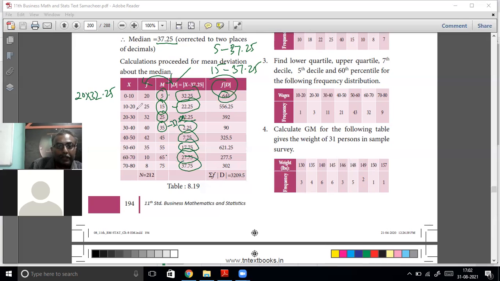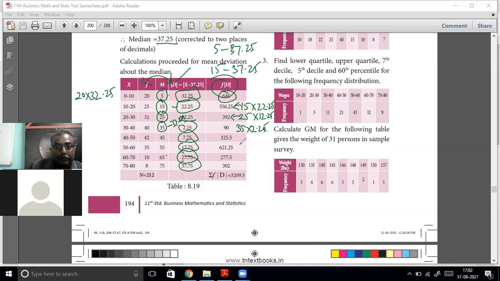Okay. Same way, midpoint 15 into 22.25, 556.25. Then 25 into 12.25, 392. Then 35 into 2.25, 90.